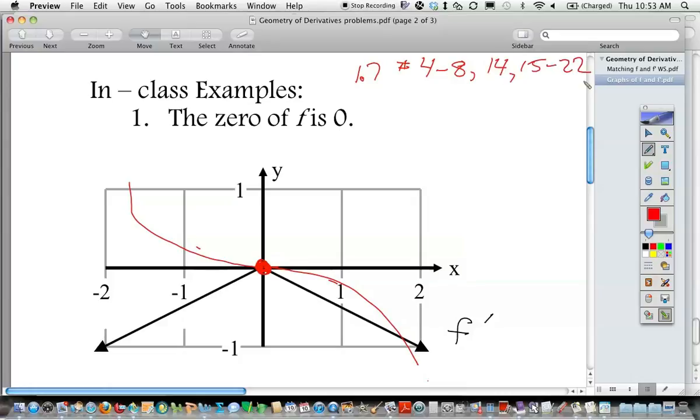Now what they're going to ask you in some of these is going to be kind of an F double prime to F relationship, and some might be an F prime to F double prime, which really is just review from last section because it's the same connection. Okay, 15 to 22, number 25. We already did 27. So we don't need to do that one. And then 43, 44 we'll save till tomorrow. So just those right there.